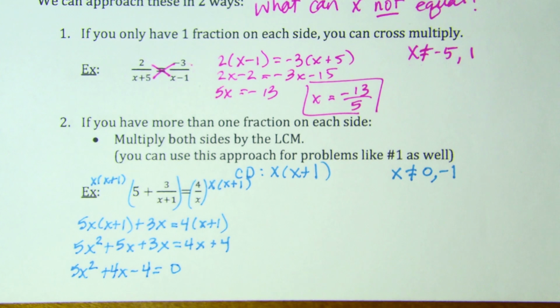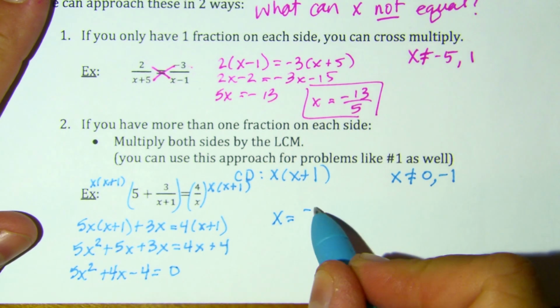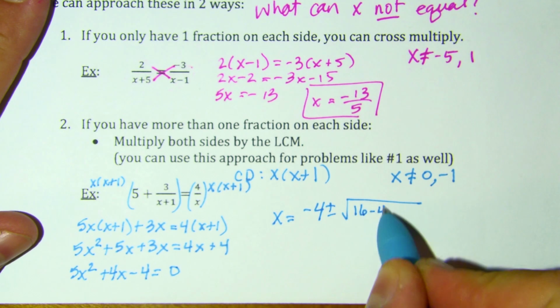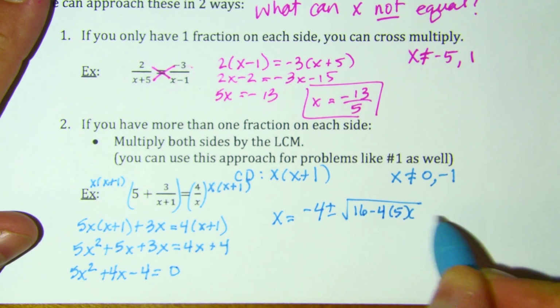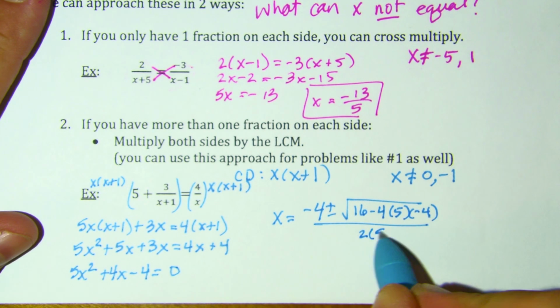And like we talked about in the last video, the easiest way to solve a quadratic equation is by using the quadratic formula. So x is going to be equal to negative b plus or minus the square root of b squared, which is 16, minus 4 times 5 times negative 4, all over 2 times 5.